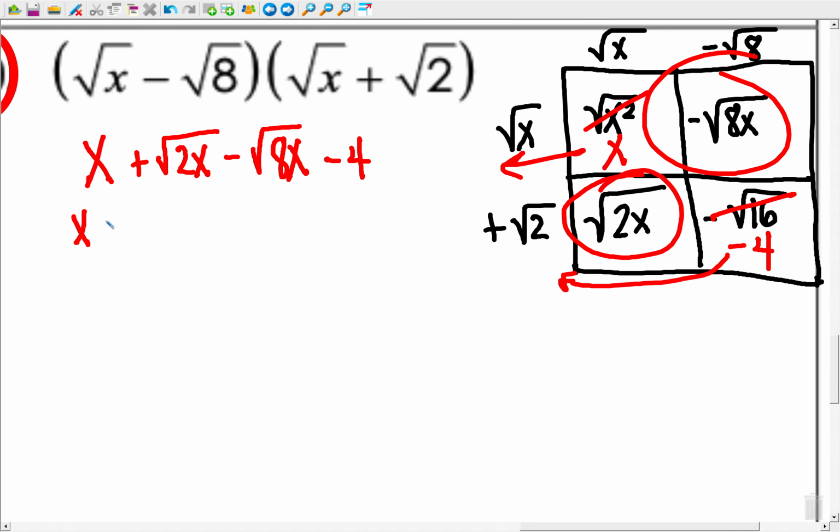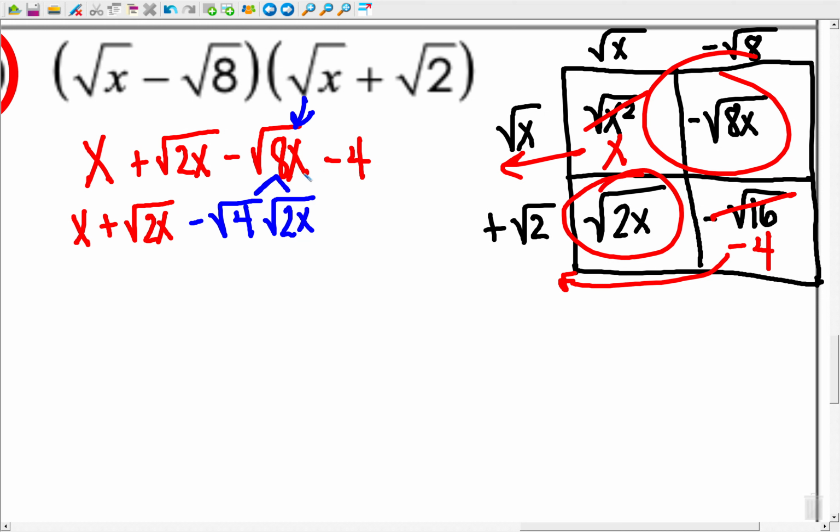Well, I see that I can simplify this radical right here. This radical will become the square root of 4 times the square root of x. Oh, I just missed the number 2. Sorry. Because 8 times, I'm tired, it's late. 4 times 2 is 8.